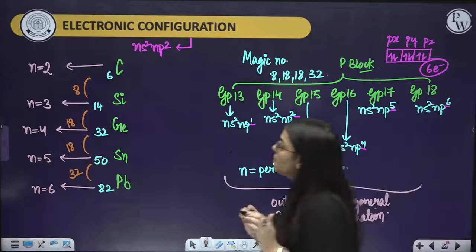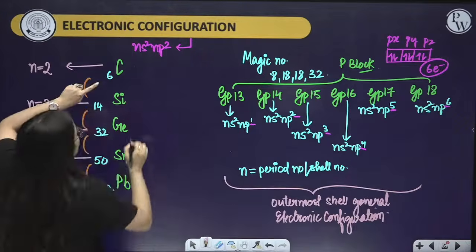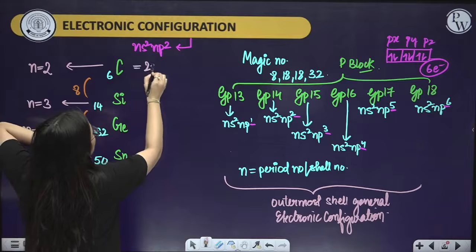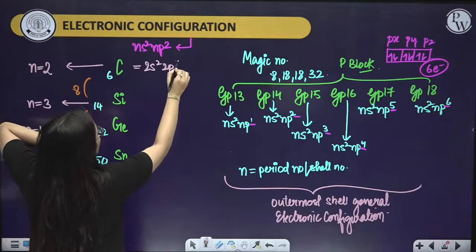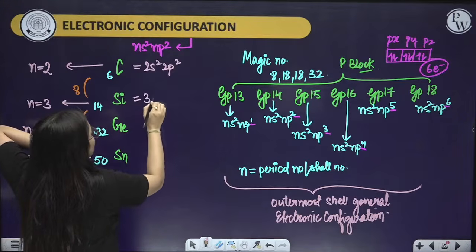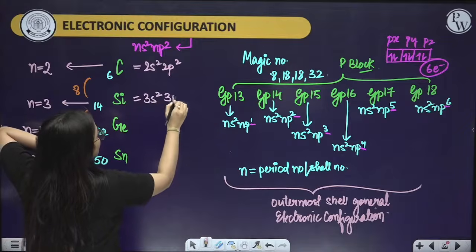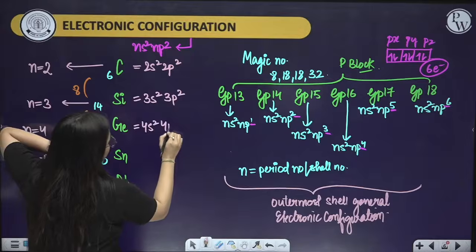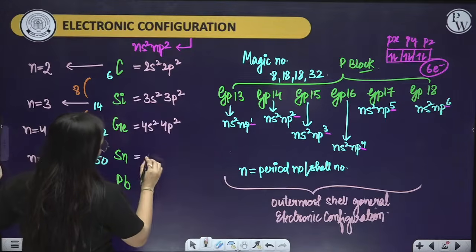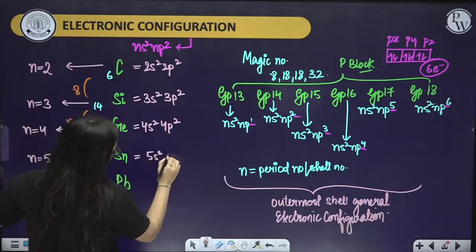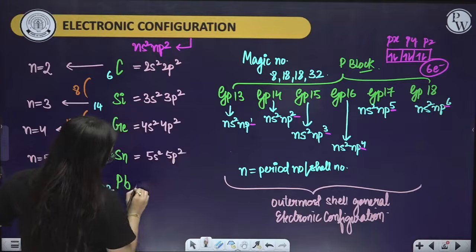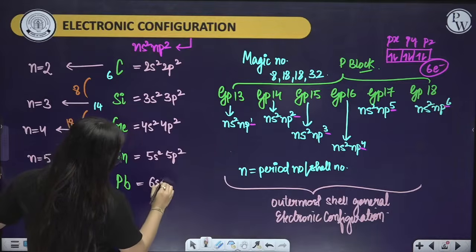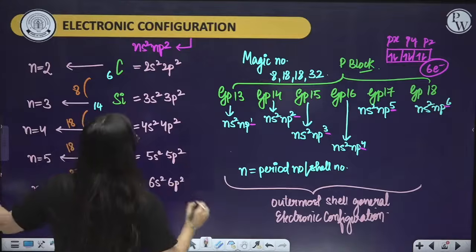And if I talk about the very first part, its outermost shell configuration is going to be 2s2 2p2. For silicon, it is going to be 3s2 3p2. For germanium, it is 4s2 4p2. For tin it is 5s2 5p2, and for lead it is 6s2 6p2.